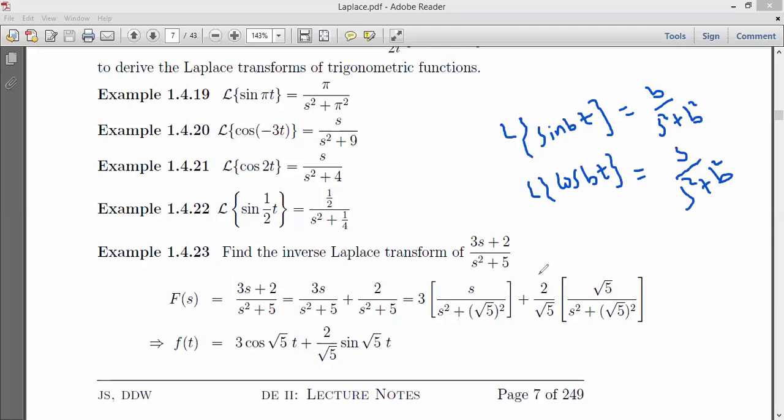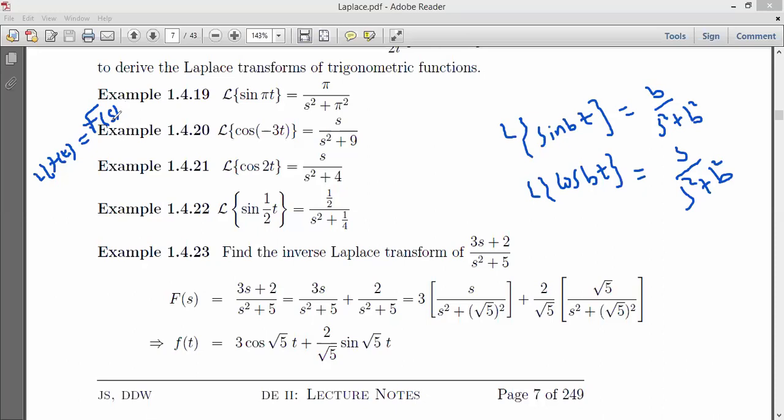Remember, we talked of the Laplace transform. Last time we said that if you have L of f(t), this is the same as F(s). Remember, in the definition we have e to the minus st. So that's why we have F(s).